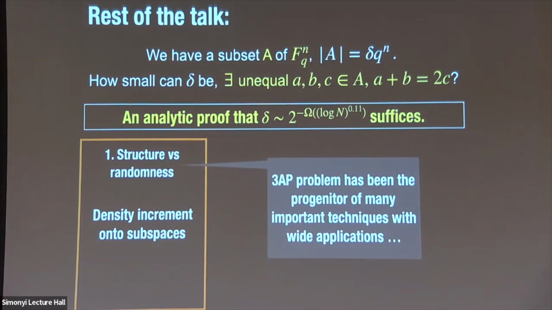And I should say that one nice thing about the 3AP problem is that, besides being interesting by itself, it has been very important in terms of giving rise to new techniques, which have wide applications. Like I think structure versus randomness goes back to Roth's original proof, which is really widely used within additive combinatorics and also in theoretical computer science and many other places.